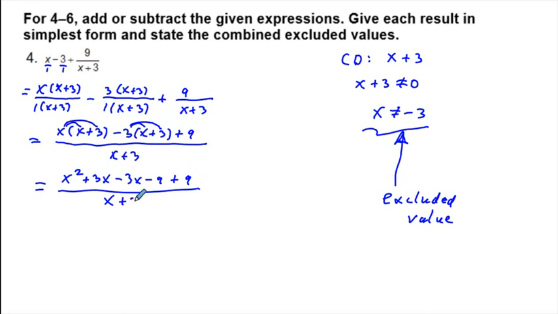That's going to be equal to, we have cancellations of 3x minus 3x and negative 9 plus 9. So we have left over x squared over x plus 3. And so that's going to be our result in simplest form.